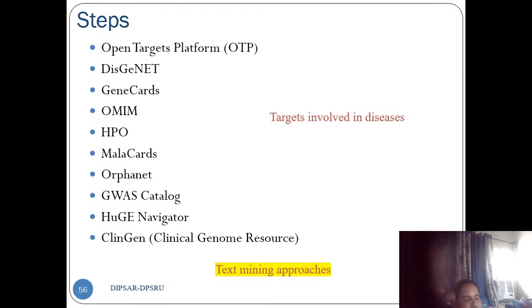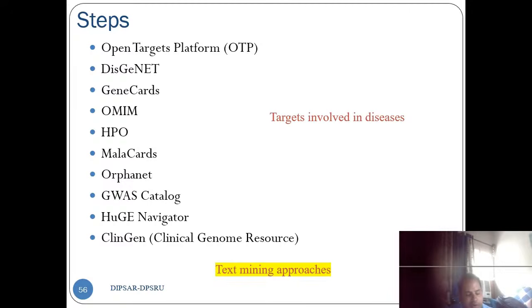So steps. What are the steps? Now you have enough basic idea about networks, now you can ask me, "Sir, now I want to apply these network techniques. What steps do I have to take?" So particularly you have to identify the targets which are involved in the disease.